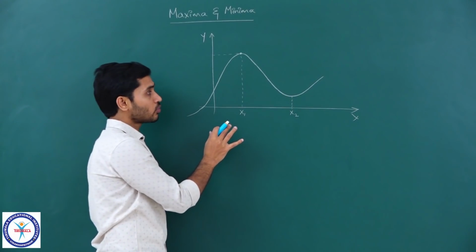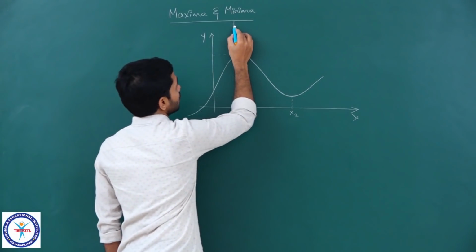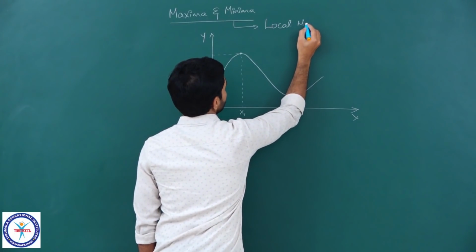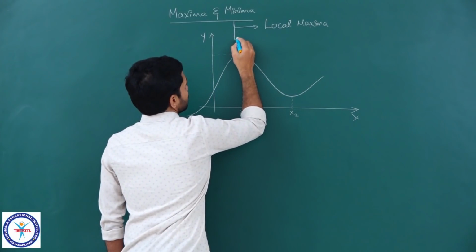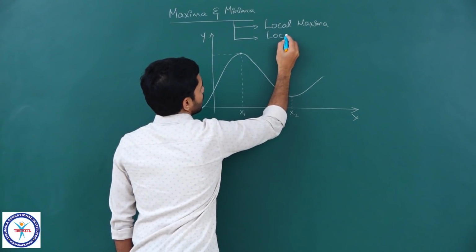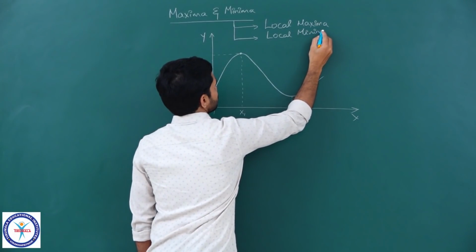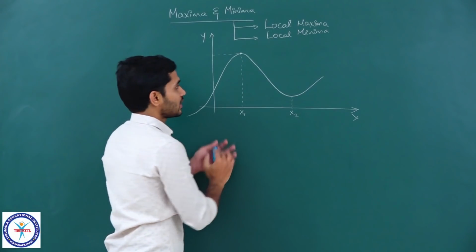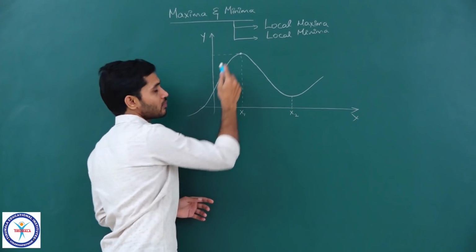Whatever maxima and minima I am talking about here are called local maxima and local minima. What does local maxima and local minima mean? It means that in the region around that, this is the one corresponding to the maximum value.